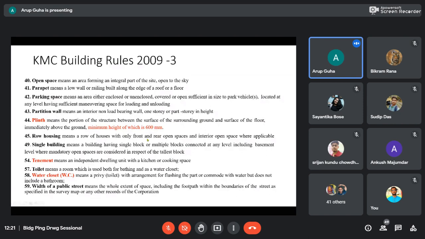Naturally, your floor, the ground floor level, that should be elevated from the ground, or rather the road level. So that way, this is specified that minimum it should be 0.6 meters above the ground.